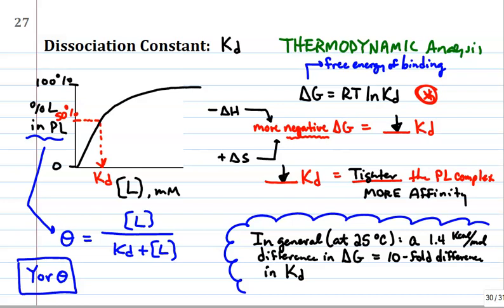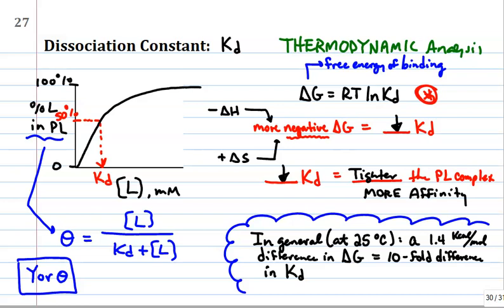And we can go all the way back to thermodynamics that we've talked about. The more negative the delta G associated with the ligand binding the protein, the lower the binding constant and the tighter the protein ligand complex. And again, we can trace the more negative delta G back to enthalpic and entropic components that we've done before.